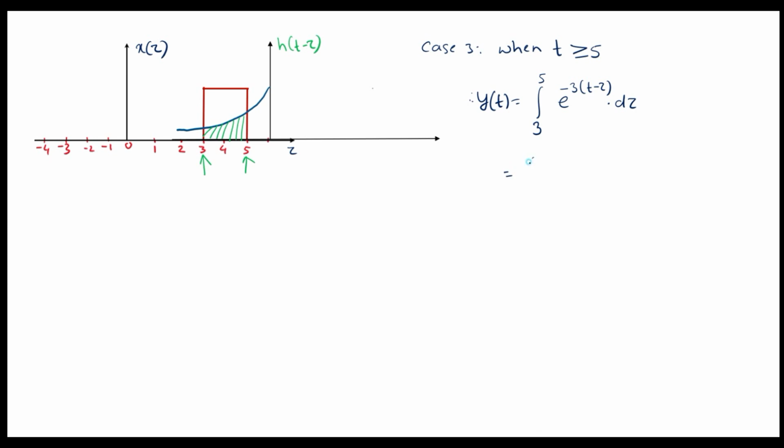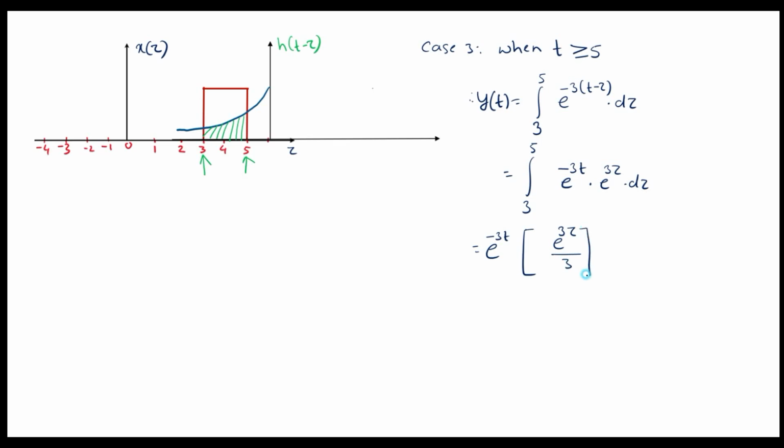We'll simplify this further, that is integration from 3 to 5 of e power minus 3t into e power 3 tau d tau. Here e power minus 3t is a constant, so I will take it out of the integration, and integration of e power 3 tau is e power 3 tau divided by 3.